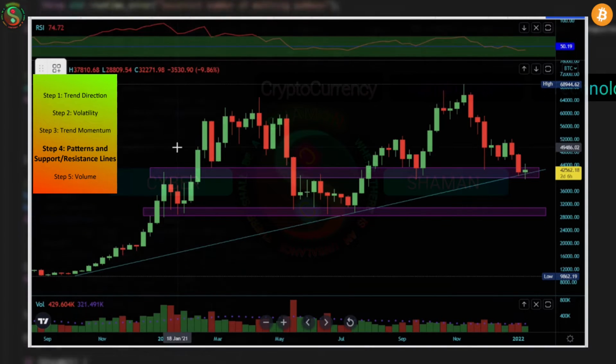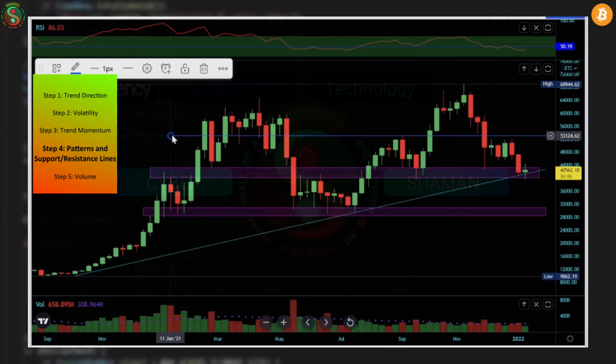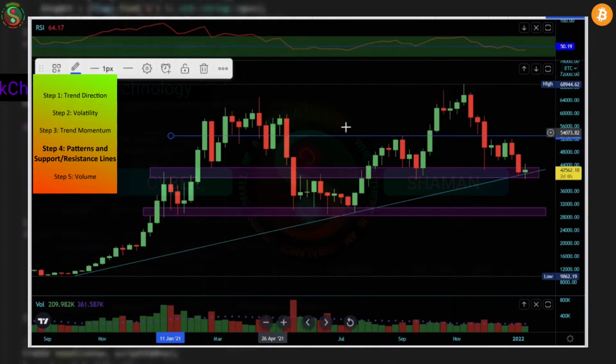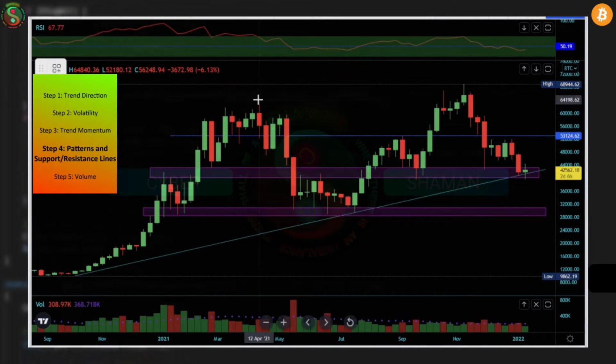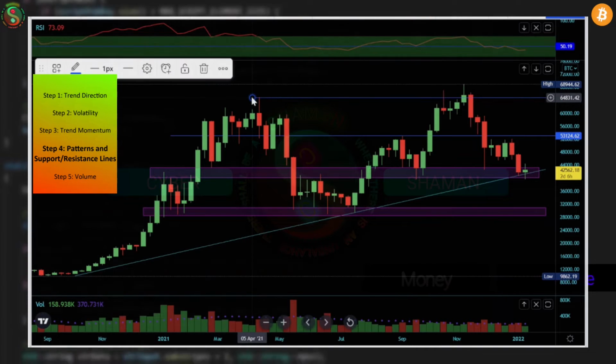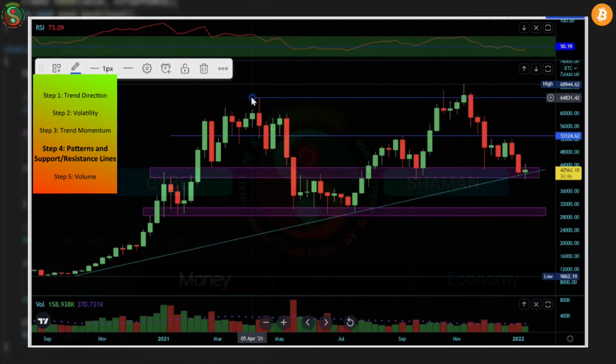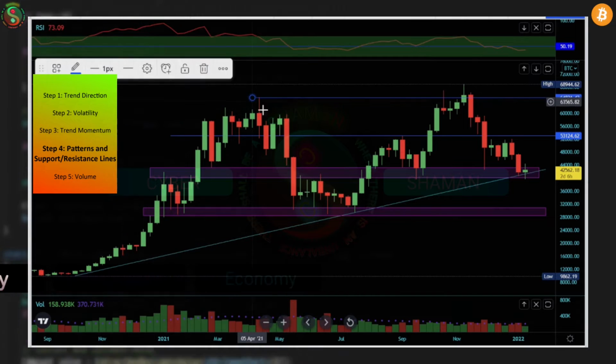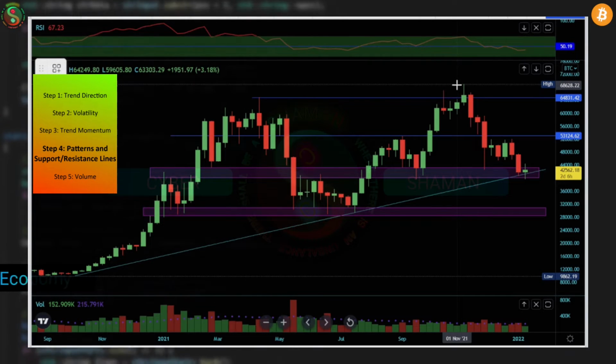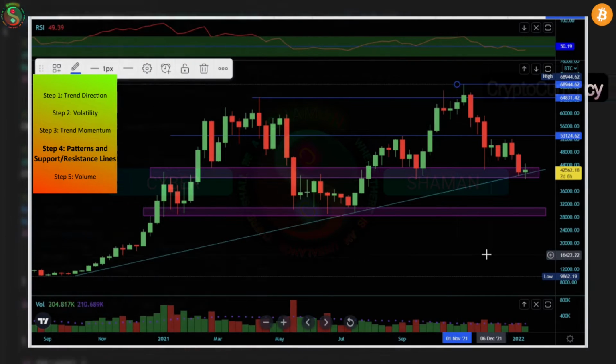A resistance line at around 53k, a resistance line at the previous all-time high at around 65k, and the current all-time high at around 69k.